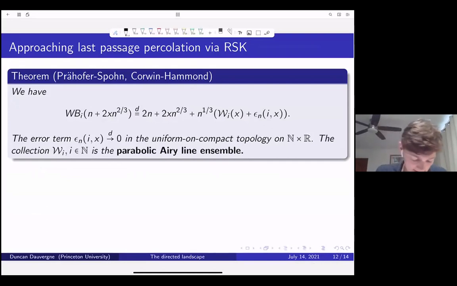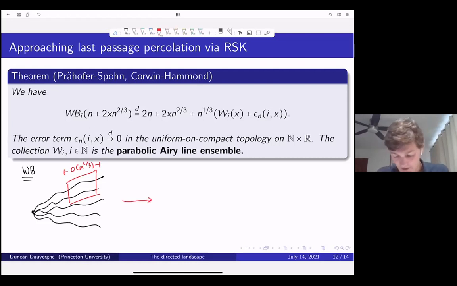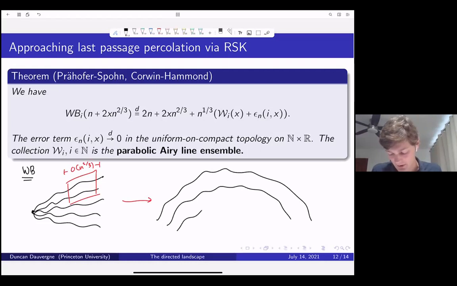And what this says is that if you look at WB and you take a scaling window on this KPZ order n^{2/3} scale, what you see is a limiting object, which is called the parabolic Airy line ensemble. It has a funny name, but I think it's best thought of just as infinitely many non-intersecting Brownian motions.